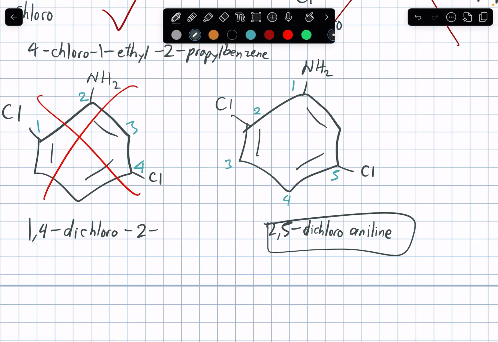Or there's something I want to propose. Although I can't verify if it's correct, it's something that I'd leave as a question. No? 1,4 dichloro to, yeah, I don't think that's correct.